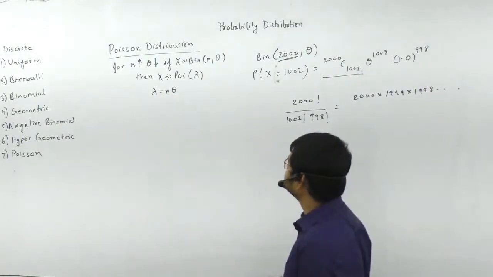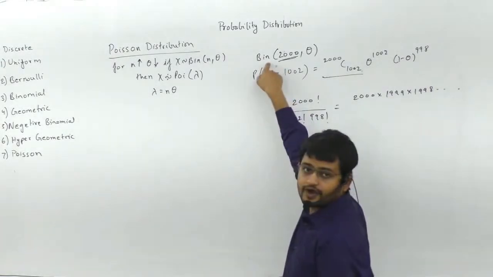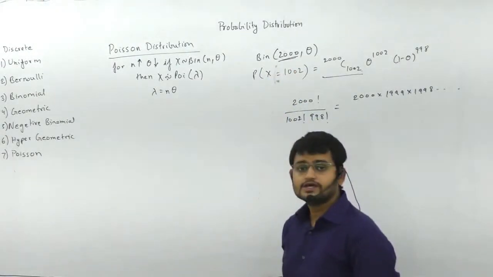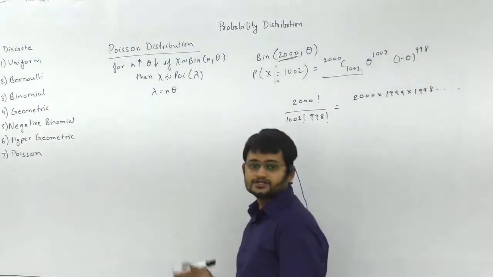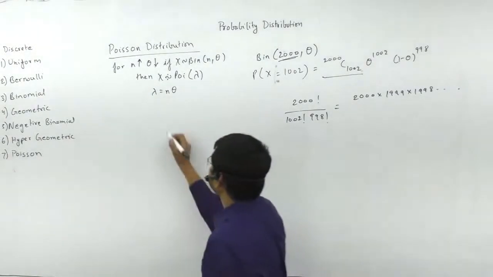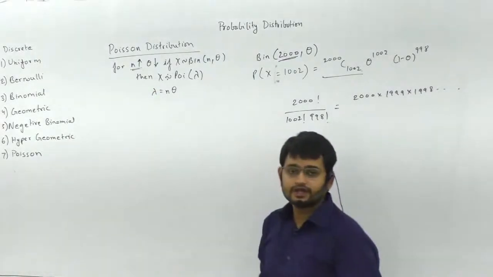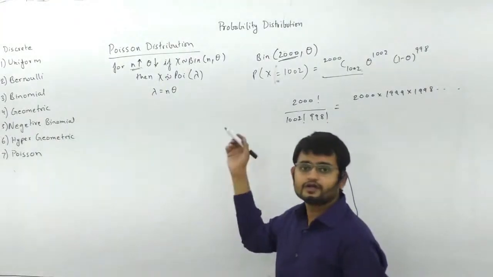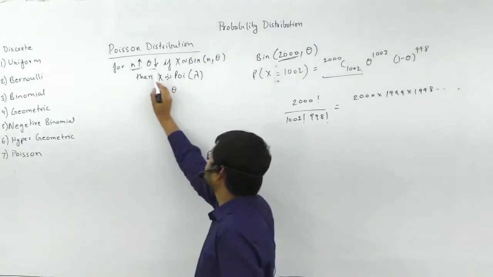Now, even though the Poisson distribution was derived for finding probabilities of the binomial distribution for large n, the Poisson distribution is in itself a distribution. First, what is the large value of n that we require? n should be 100 or more, and theta small.